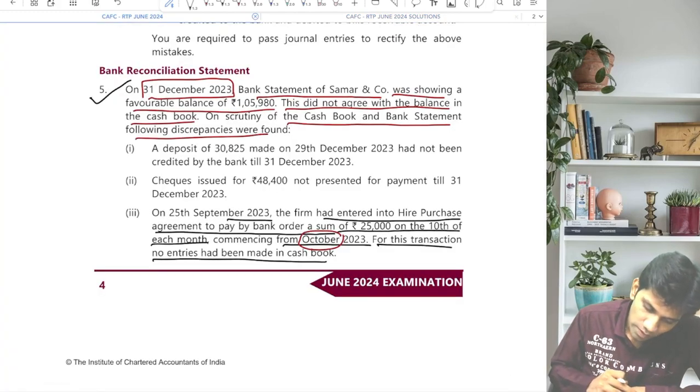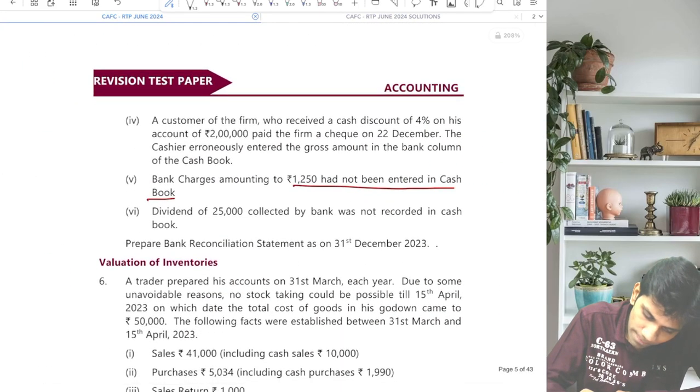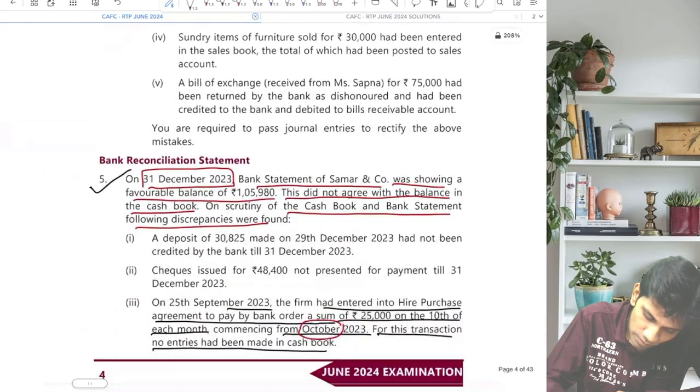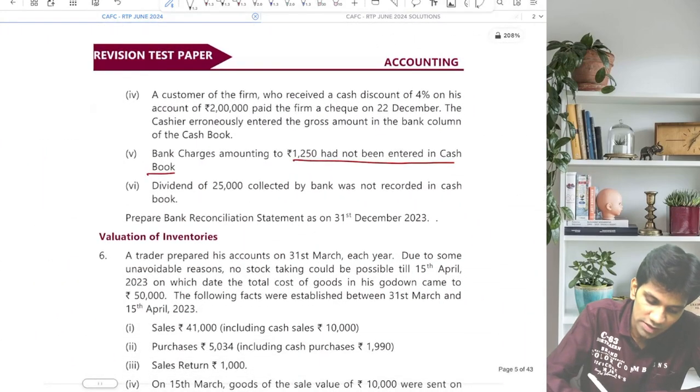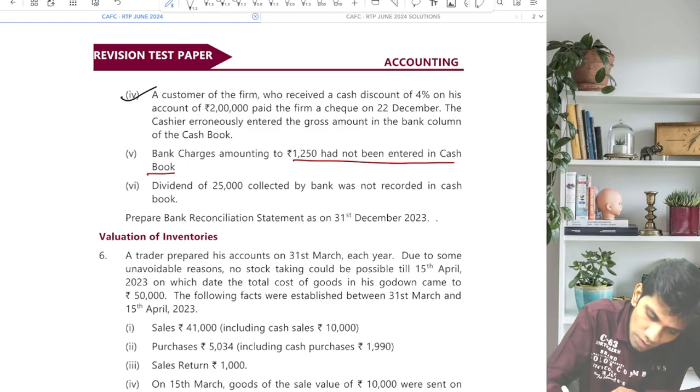8,000. Where is 8,000? Basically, there is no 8,000. This is this transaction. What sentence will write for this? We'll write okay.